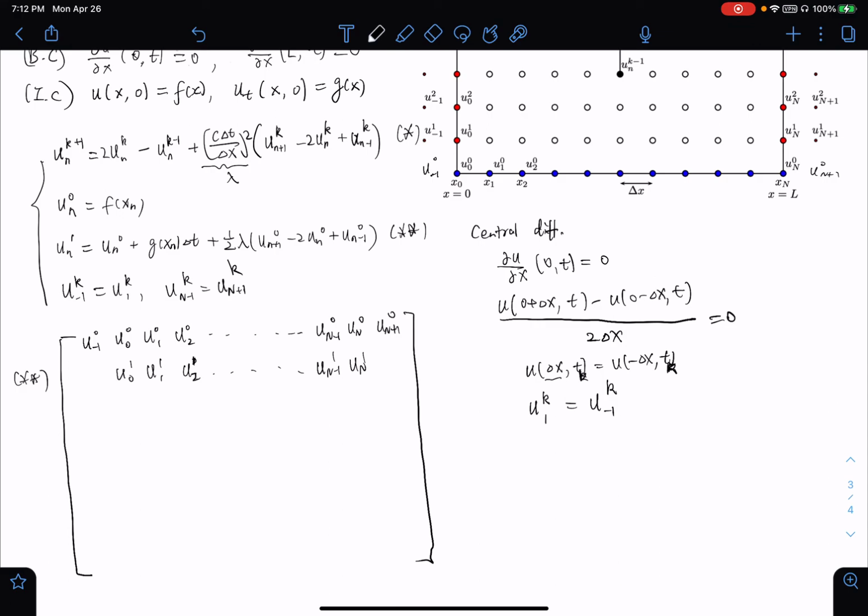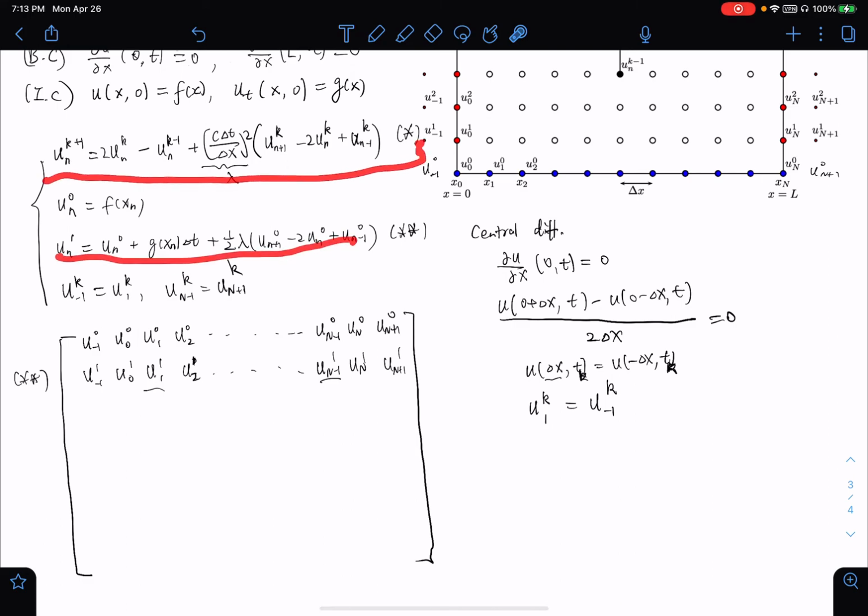And once we have these values, then one can use this relation to get the fictional grid u minus 1 and u n plus 1. So in particular, with this value, you can get u minus 1, 1, and with this value, you can get u n plus 1, 1. So now you have the first two time steps. And again, you can use this recursion formula to generate the values on the next row.